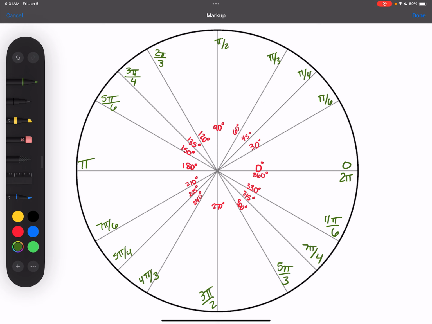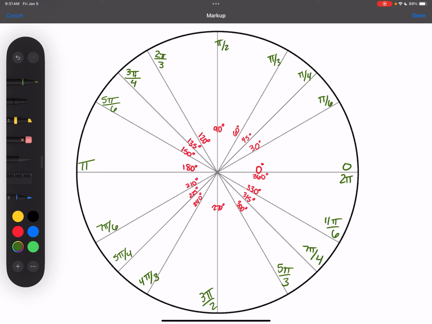So we start with pi over 2, so it's 0, pi over 2, so that's 1 pi over 2. This is 2 pi over 2, which reduces to pi. Then we come all the way down here, 3 pi over 2. And then back around is 4 pi over 2, which reduces to 2 pi. So that's the most basic one.